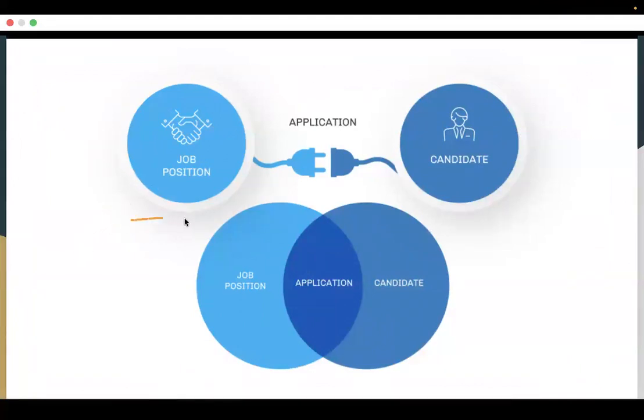Now let's say we have two objects. The first object is job position. We are considering our institution example, where we already have the objects in our Trailhead playground: student object, course object.